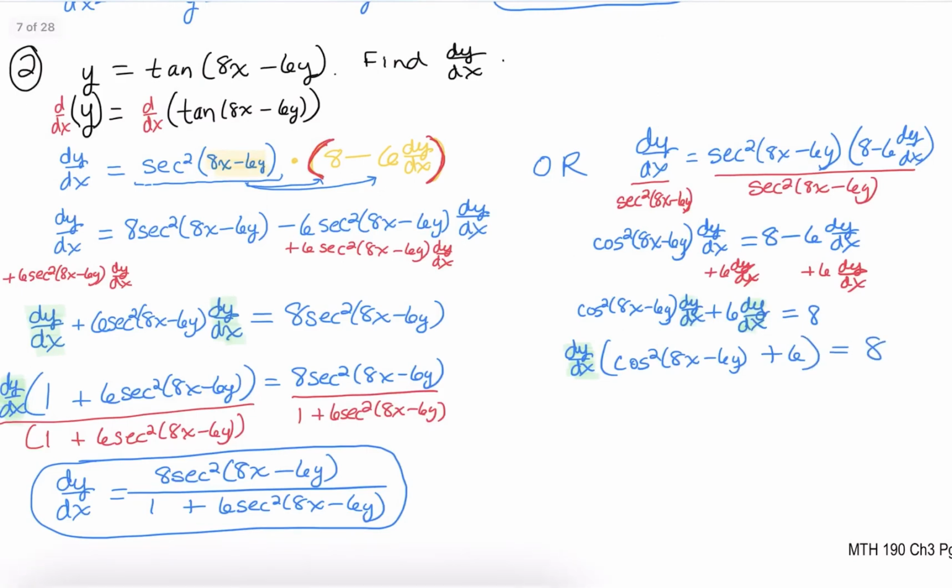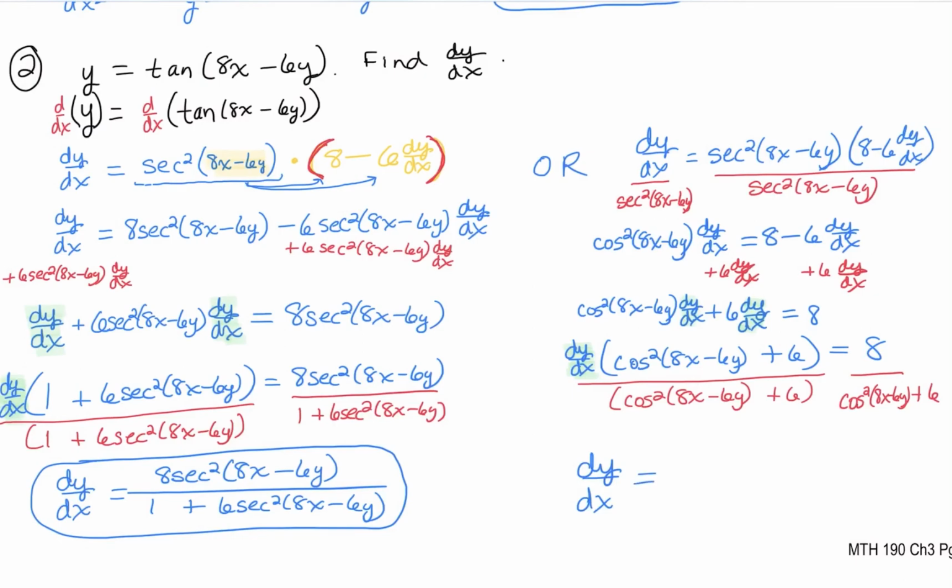And my last step is going to involve dividing by that big old binomial, the cosine squared of 8x minus 6y plus 6. So here is a different looking form of your dy dx. So dy dx is equal to 8 over cosine squared of 8x minus 6y plus 6.